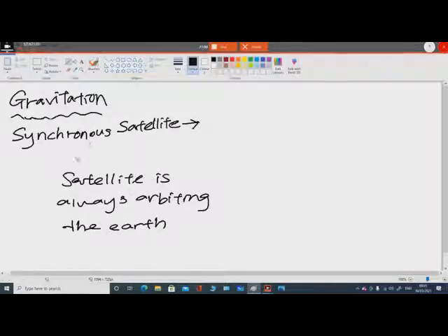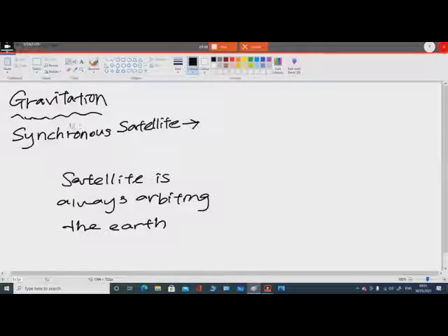As we discussed just now, satellites undergo circular motion through the gravitational force. So the gravitational force enables it to orbit the Earth.